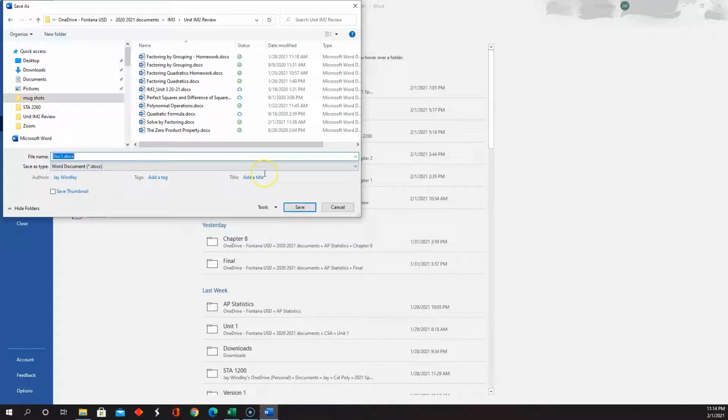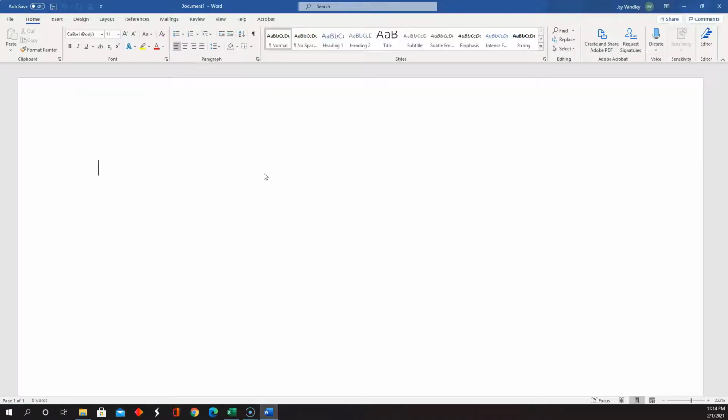Okay, I'm going to save this as solve by factoring test merge. And I'm going to call this something like IM3 quiz solve by factoring. And then I'm going to have a spot here for the student's name.